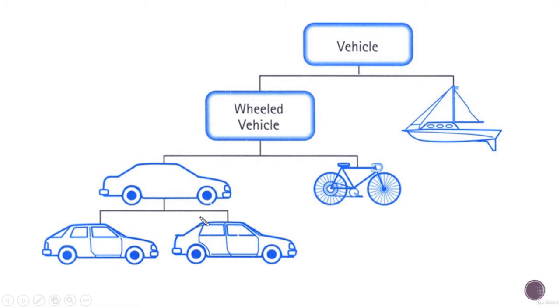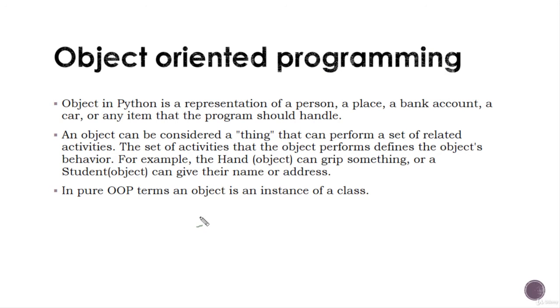We will learn further about classes and objects in this lecture. An object in Python is a representation of a person, a place, a bank account, a car, or any item that the program should handle.